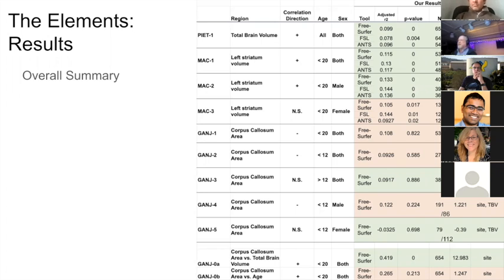The new data and new analysis approaches confirm that meta-analysis from the literature, and it doesn't matter which of these tools we're using, and the significance is pretty robust. Great. For the left striatum volume, FreeSurfer, FSL, and ANTS confirm this positive correlation between left striatum and IQ in our subset of subjects that are less than 20.